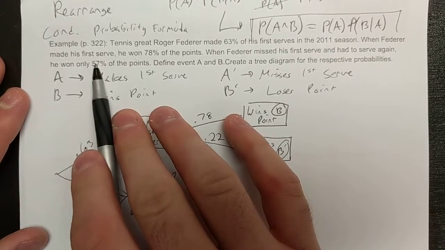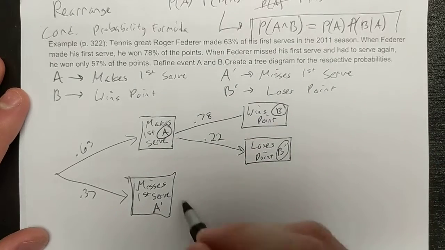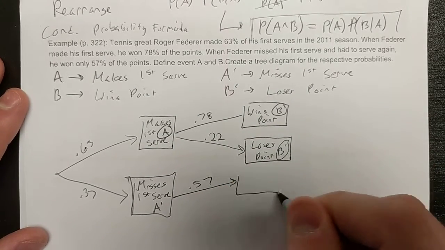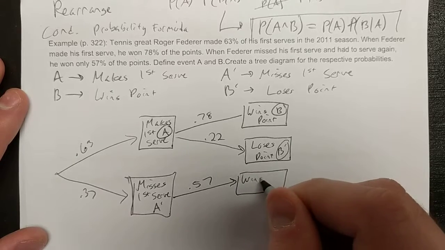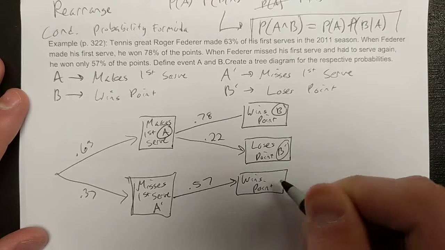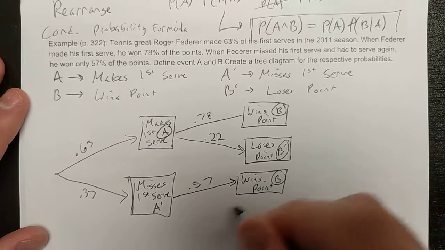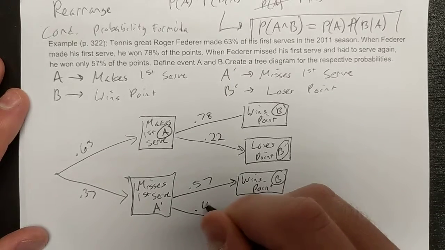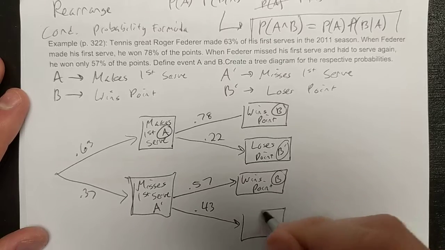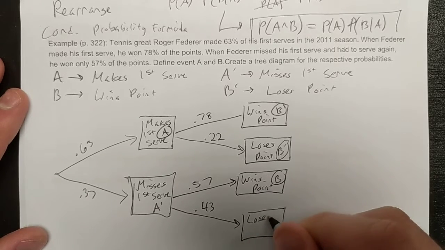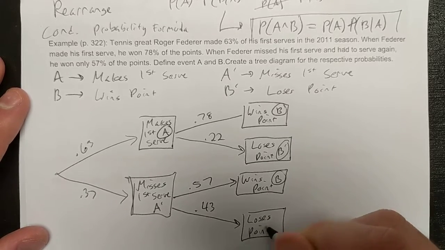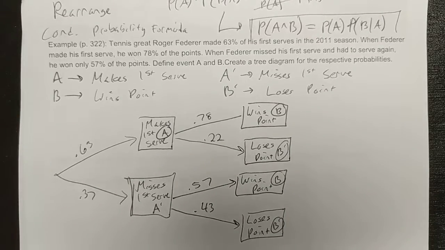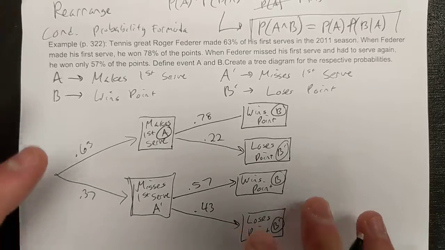He only won 57% of the points after missing the first serve, so 0.57 wins point. And the complement rule states that he lost the point 43% of the time. So this is our tree diagram.